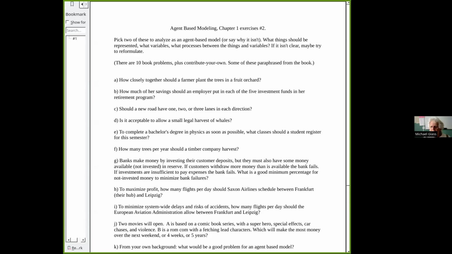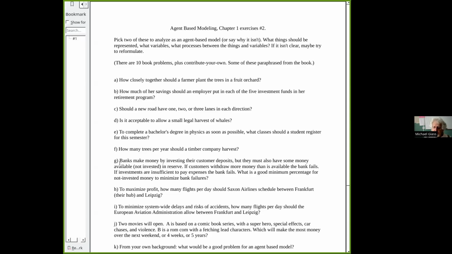You could identify what you're trying to optimize, what the variables are there, and what the behaviors are between the different agents. Number G is interesting because it's one that, again, actually can be done with an agent model.